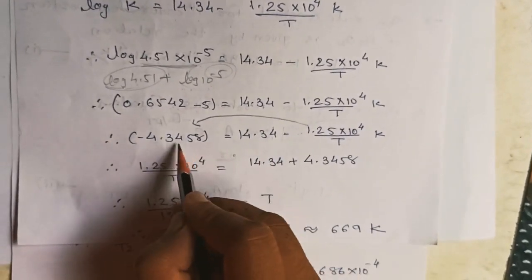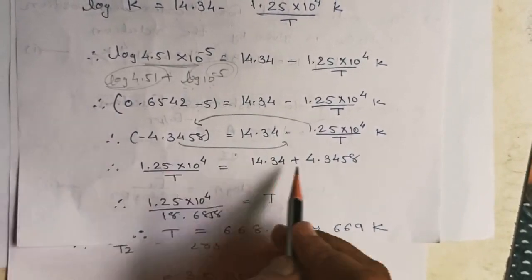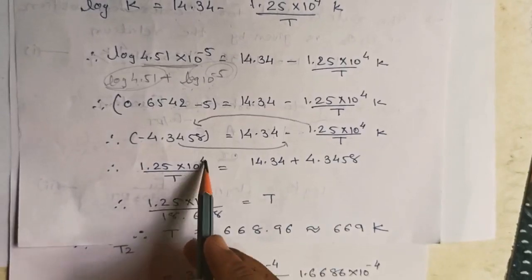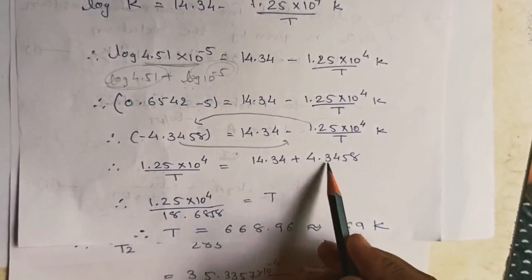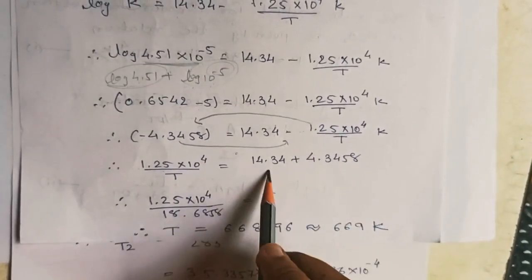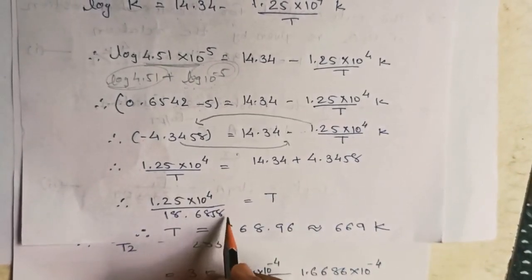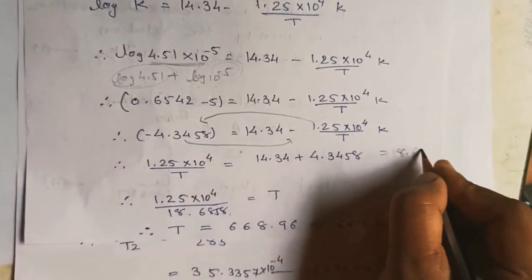Similarly, if we take this term to the other side, that minus term is also converted into a positive. So we will get 1.25 into 10 to the power 4 divided by T equal to 14.34 plus 4.3458. If we add those two terms, we will get 18.6858.